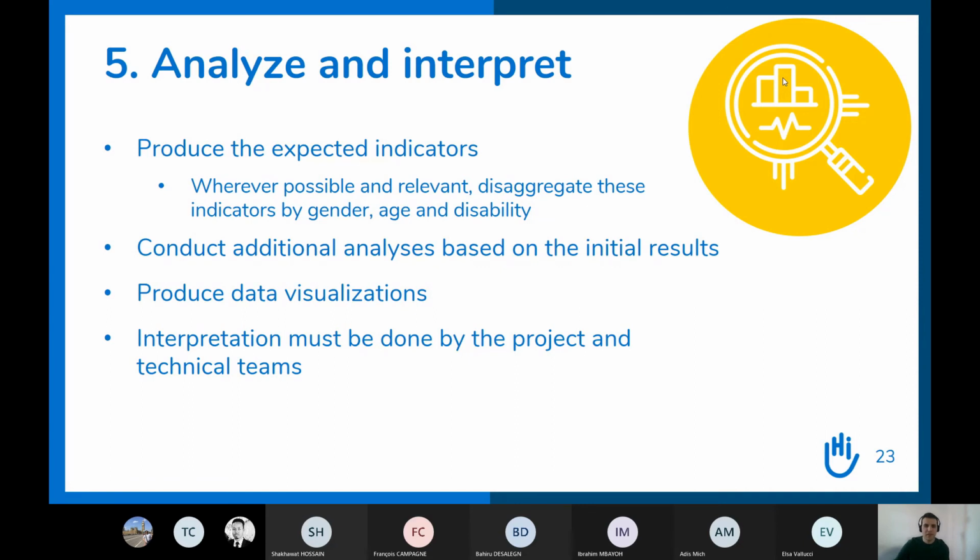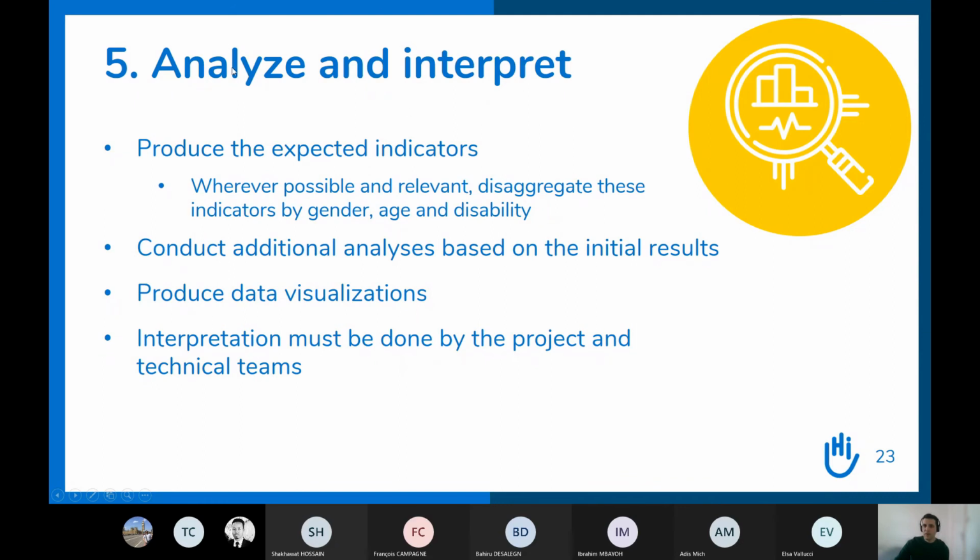That's something that you have to calculate, but maybe you can try to dig a bit more into the data and try to understand things that you did not plan, or if you see that for some reason you have some unexpected results in the indicators, it's always interesting to do some further analysis to understand this. So that's something you can do at this step.